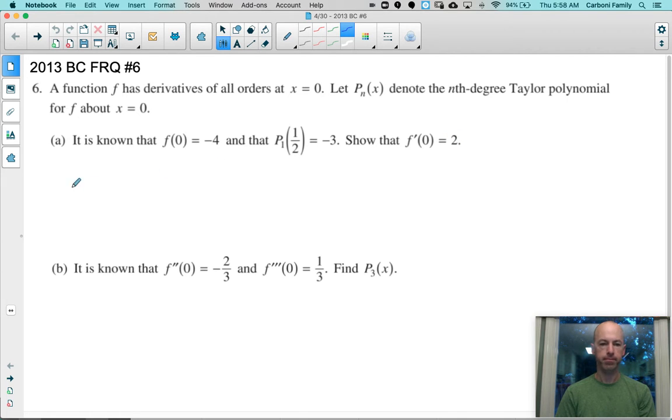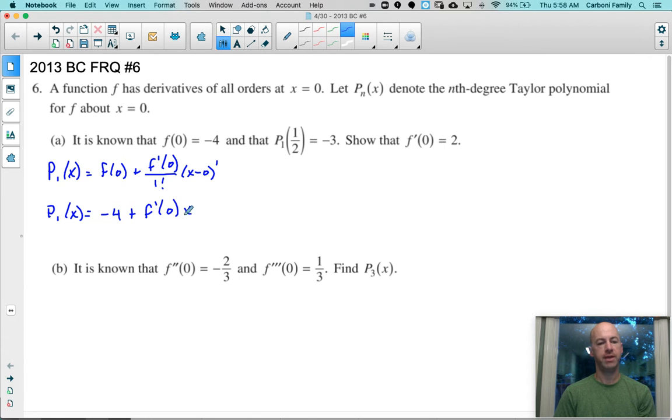Well, my first degree Taylor polynomial in terms of x would be f of 0 plus f prime of 0 over 1 factorial times x minus 0 to the first, which we could then turn into, because I know f of 0 is -4, so -4 plus f prime of 0 times x.